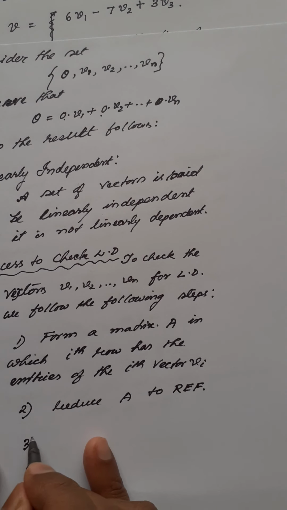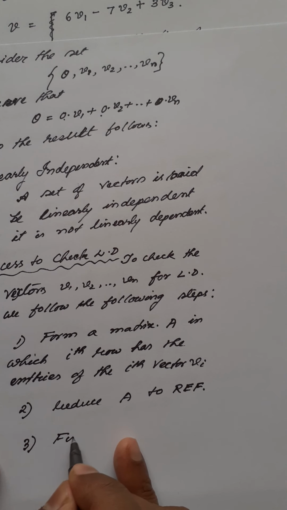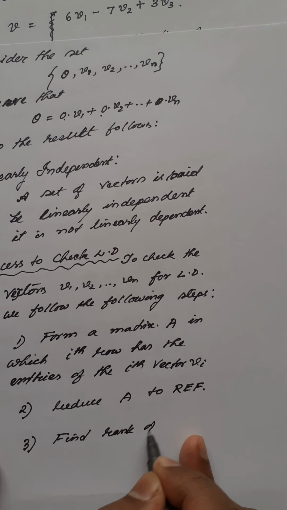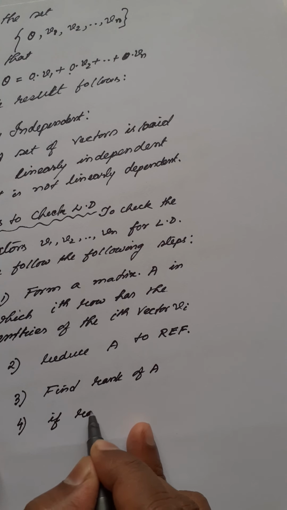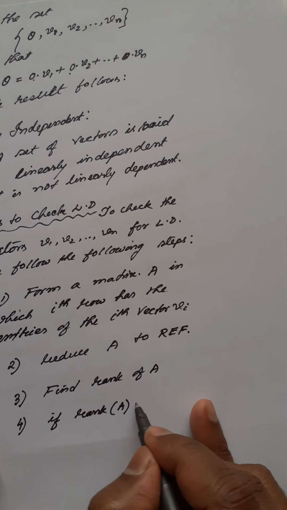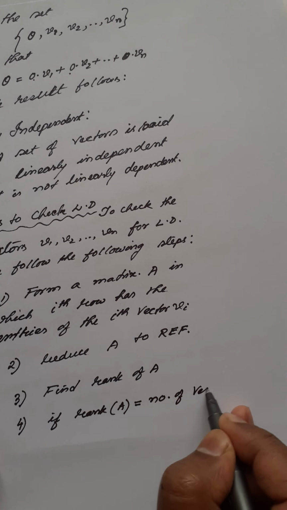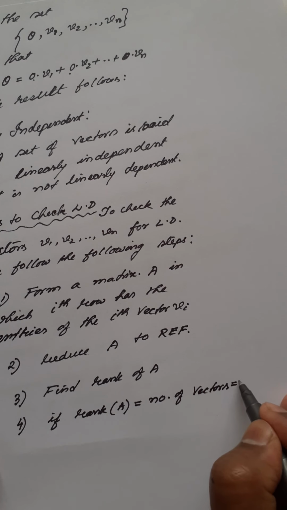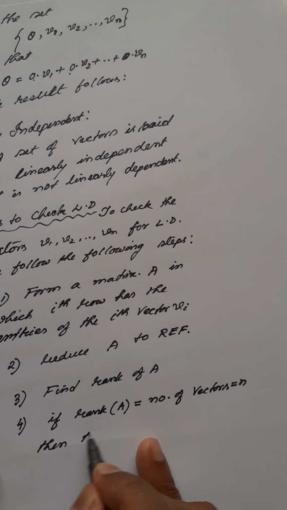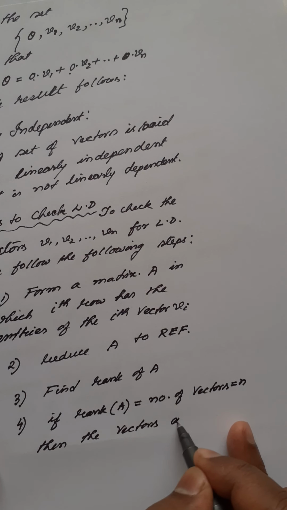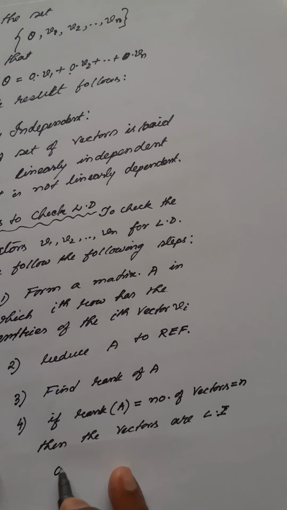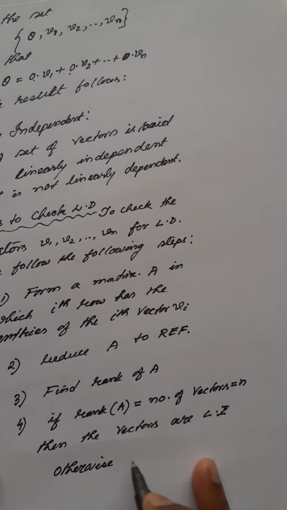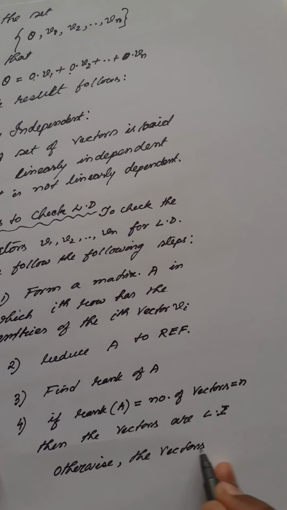Number 3, find the rank of A. And the last step: if the rank of A is equal to the number of vectors, so in this case it is equal to n, then the vectors are linearly independent, otherwise the vectors are linearly dependent.